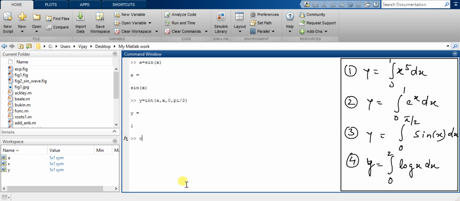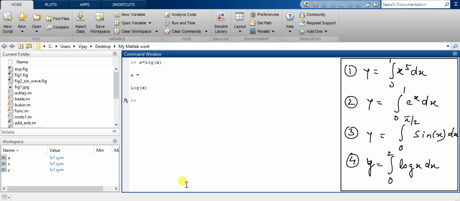Now let's try to solve the last example, in which x is the symbolic object stored in the workspace. So we can directly take, here log is of base e, so we can take expression a equal to ln of x. There is some error. Instead we have to take a equal to log of x.